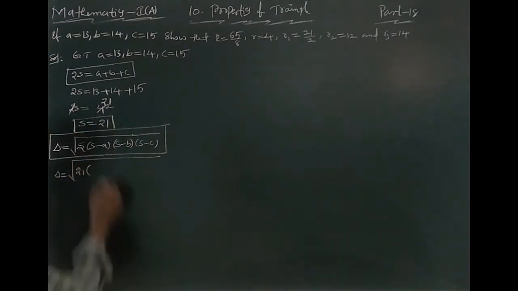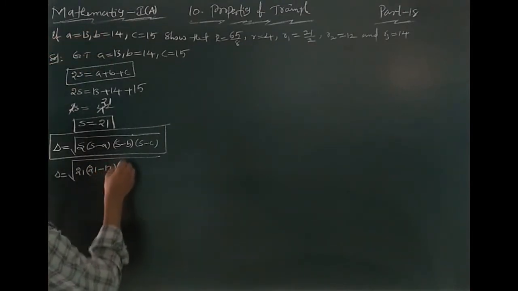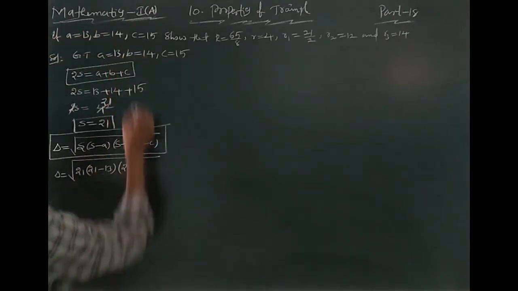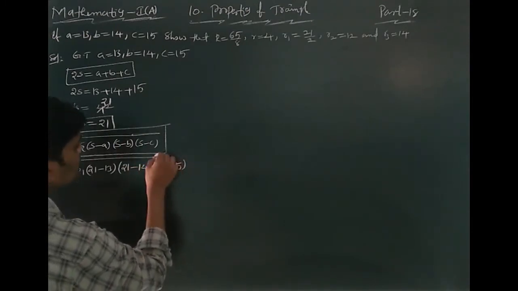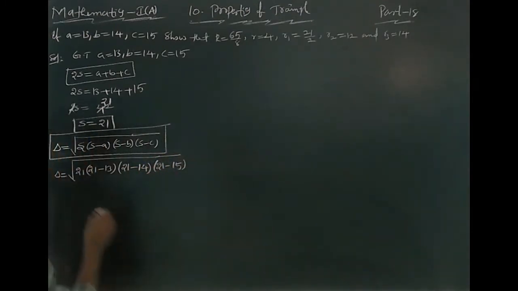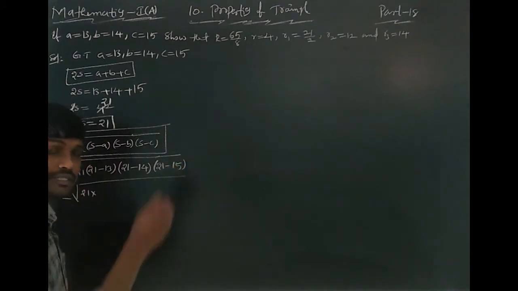So delta equals square root of 21 into 21 minus 13, 21 minus 14, 21 minus 15. Understood or not?